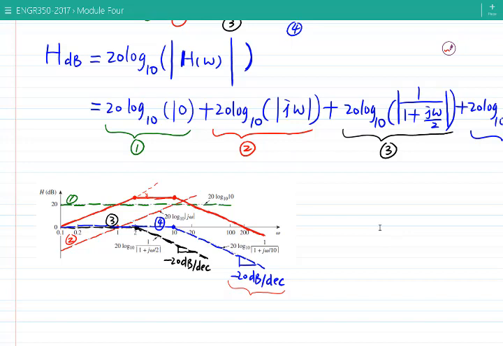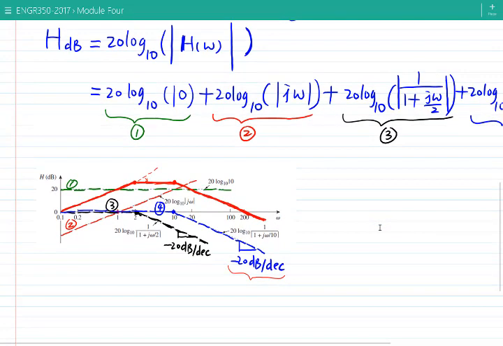So we see here the red line is our final Bode plot, which is the summation of the 4 factors' dB values. Okay, so this is the magnitude plot.